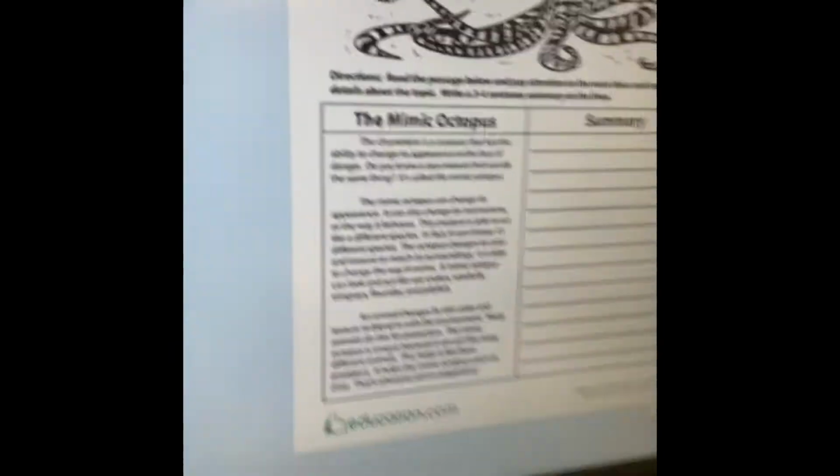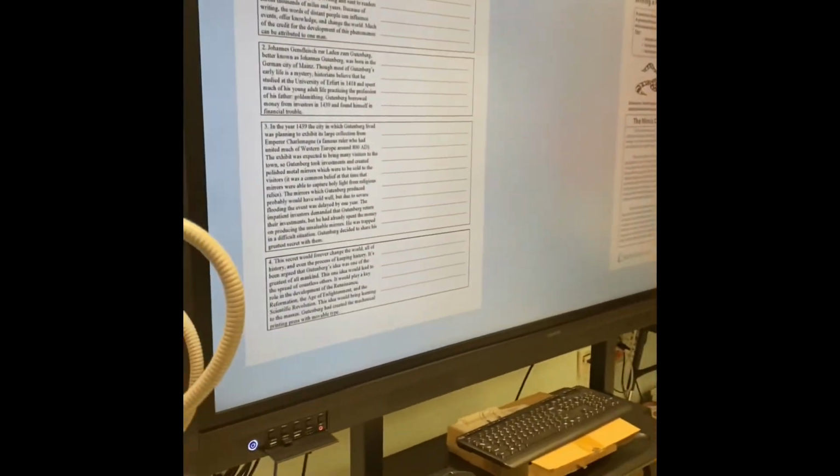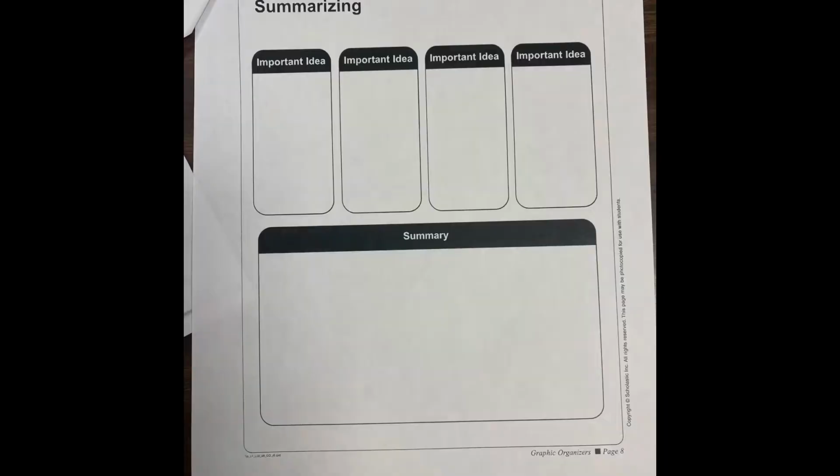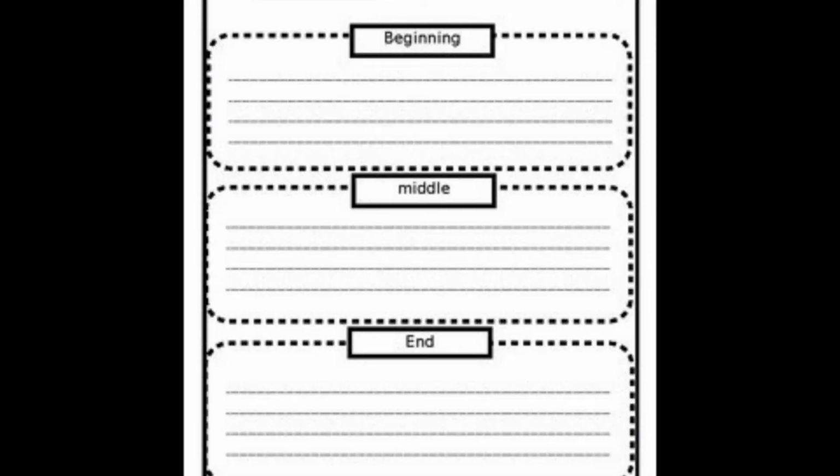You can also have them do it together as teams. They can work in groups or in pairs where you give them a paragraph, and together they can work it out and try to see how they can come up with a summary again. There are different types of graphic organizers that you can do with your students together, or they can work on them in teams, where they can just write first.